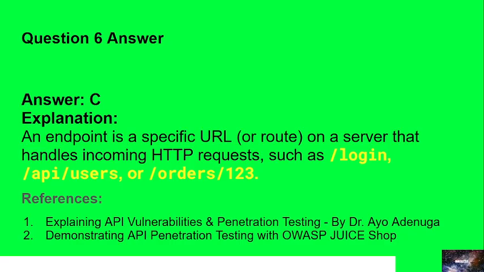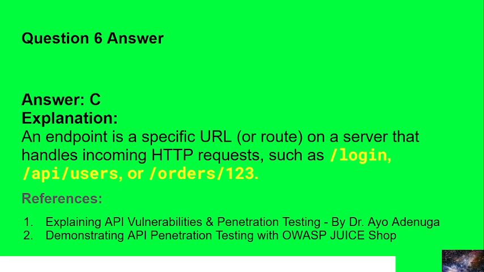The answer is C. An endpoint is a specific URL on a server that handles incoming HTTP requests, such as /login, /api/users, or /orders/123.